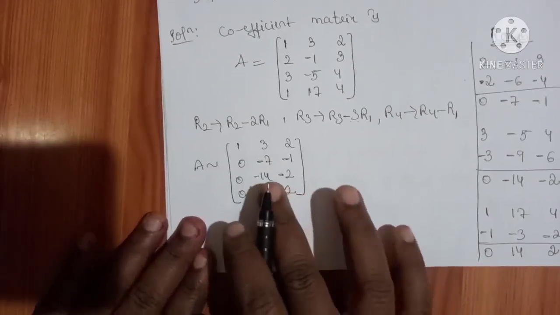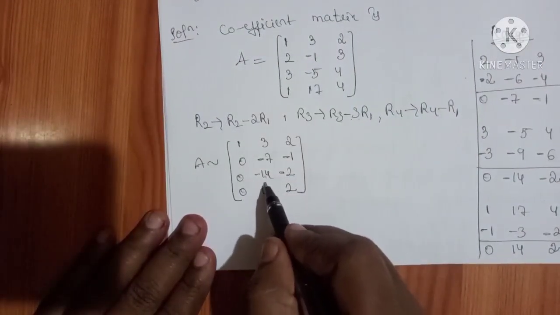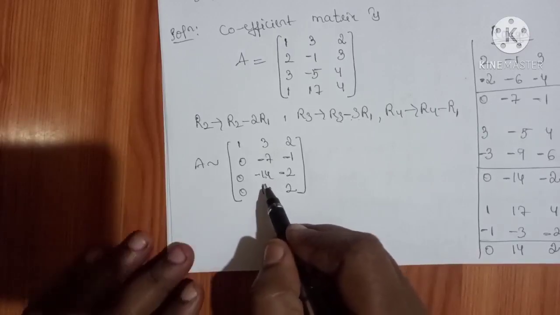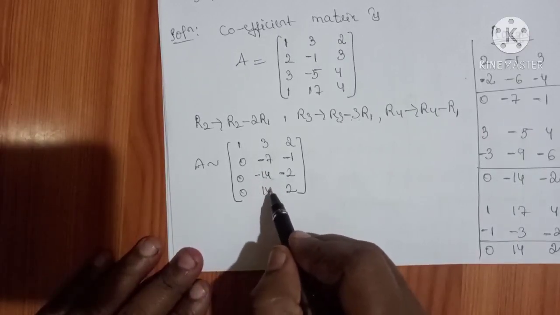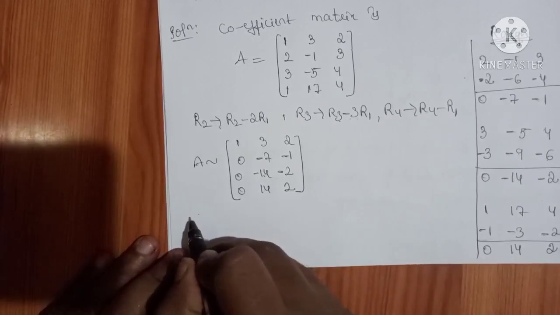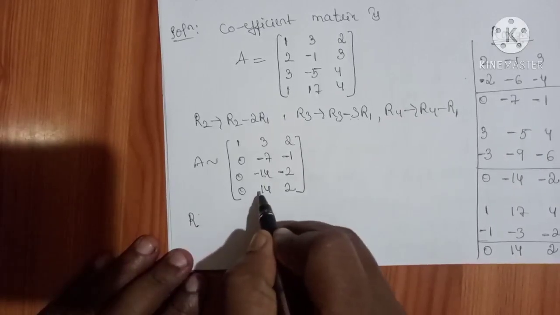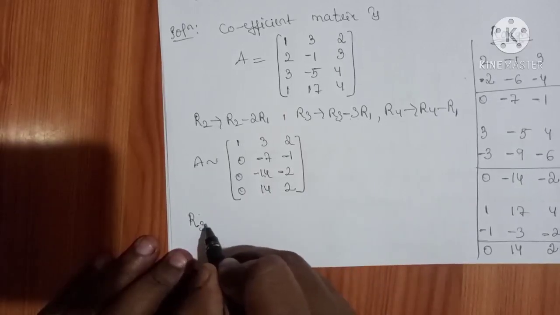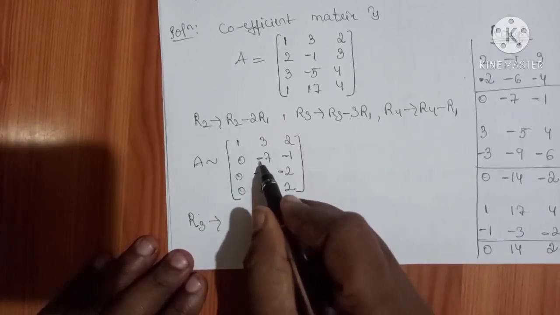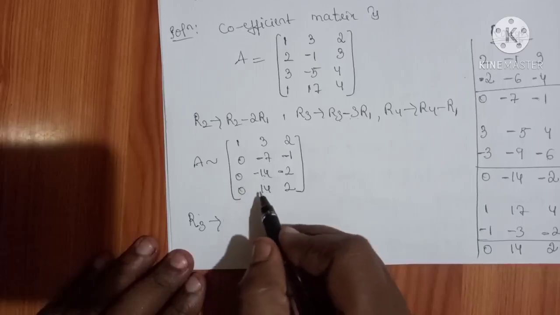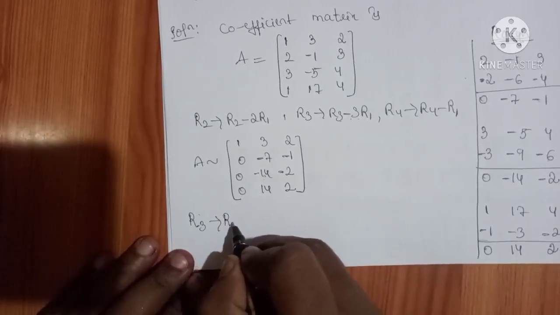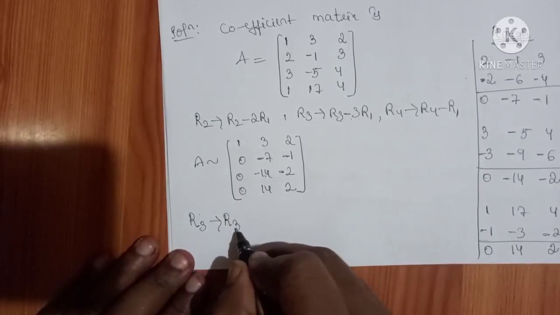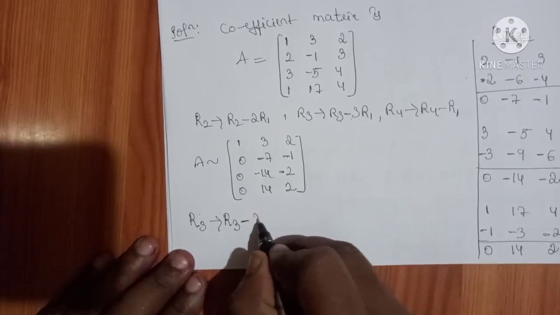First we make these two elements 0. For that we apply the operations here. For R3, you can observe that both the signs are the same, therefore we apply the opposite sign, that is R3 equals R3 minus 2 into R2.